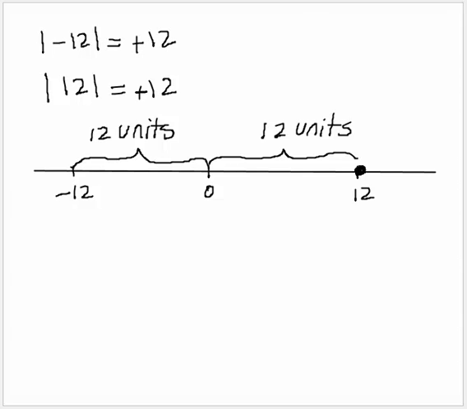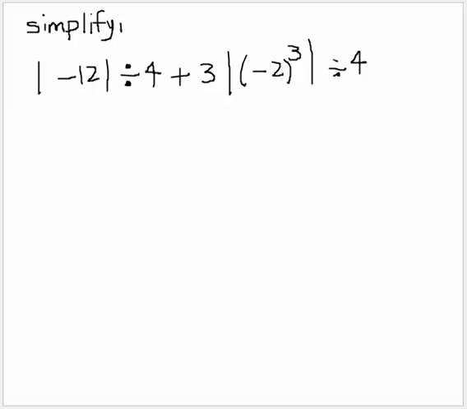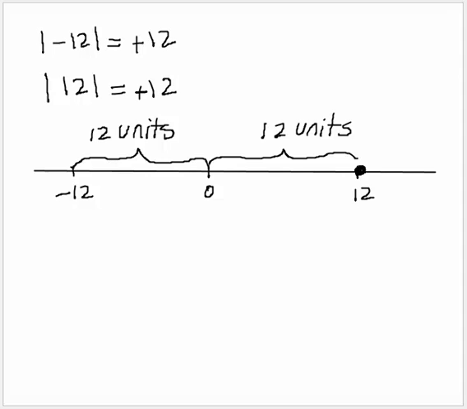So going back to what we were doing here, absolute value of negative 12 would be equal to 12, so we're going to drop the absolute value signs in front of all these numbers. And here, what we have inside the absolute value is minus 2 to the power of 3. What's minus 2 to the power of 3? Minus 2 to the power of 3 means you take minus 2 and multiply by itself 3 times.